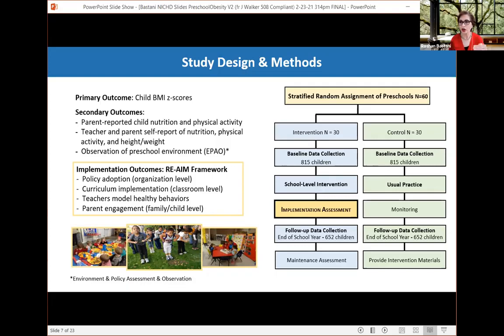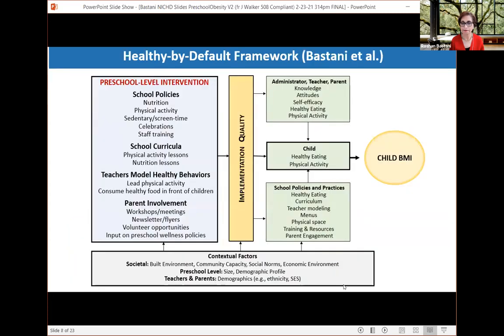This is not something you start and stop in 2 weeks. It's an intervention implemented within the preschools that continues over time. And while that's happening, a very big focus on implementation assessment, and then follow-up data collection at the end of the school year, as well as some focus on maintenance.